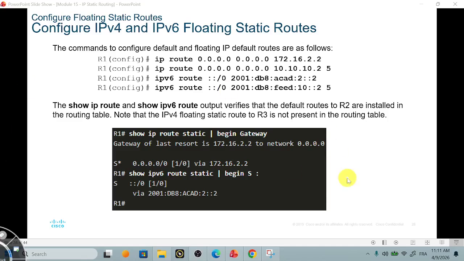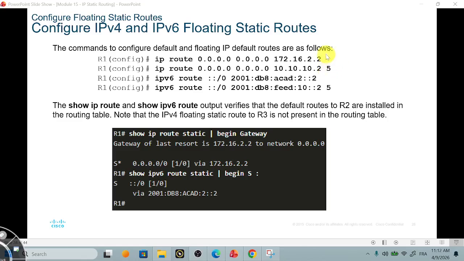So in order to configure IP version 4 floating static routes, we use the same thing as the previous ip route 0.0.0.0 0.0.0.0, and we add the next hop. Here is the normal static, but here it is the floating one. Why? Because we added the value 5, the administrative distance 5.